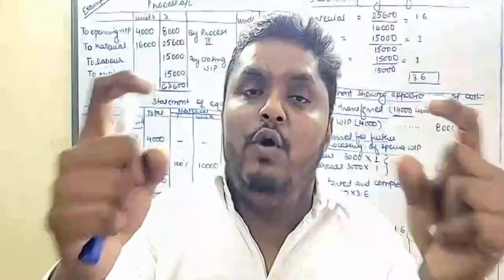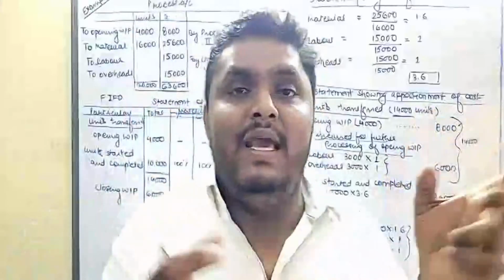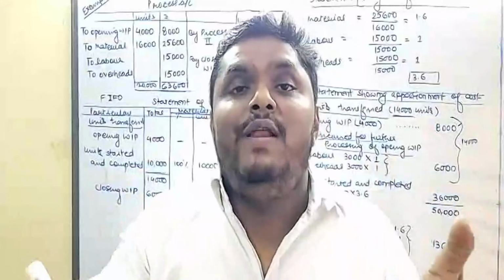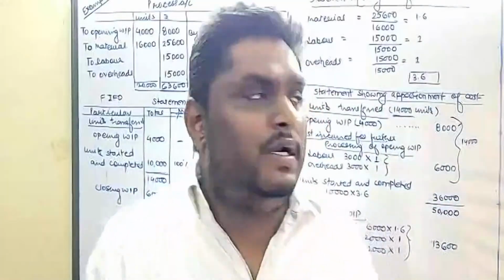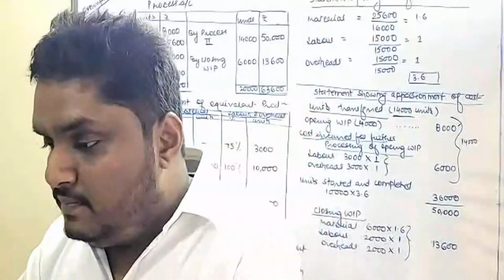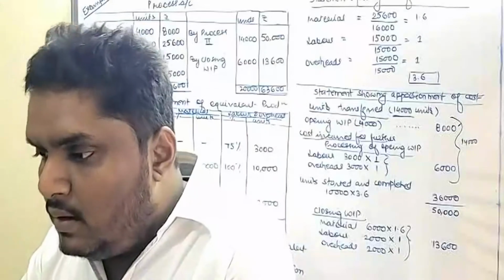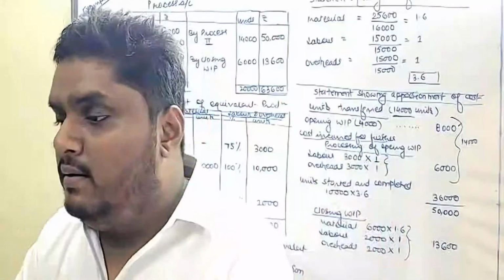When talking about 4,000 units, we will take the cost incurred in the previous month, plus the cost incurred in this month. This is how we will get the total cost of these 4,000 units. That's why I have taken 8,000 rupees. Smile, I have taken this using FIFO method only, my dear.